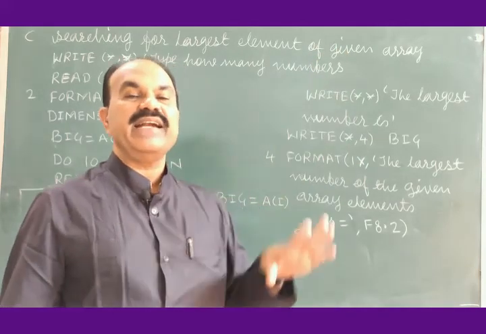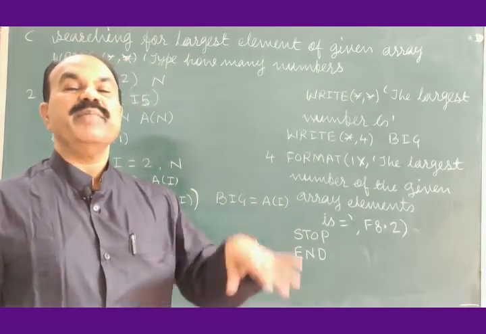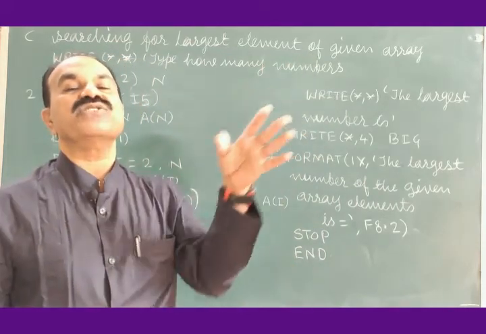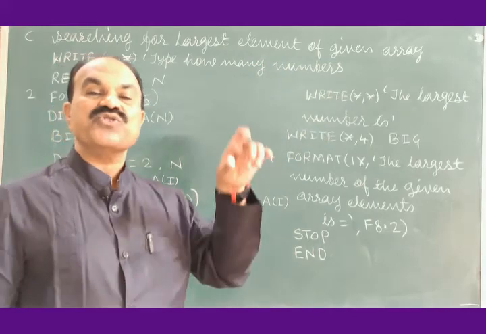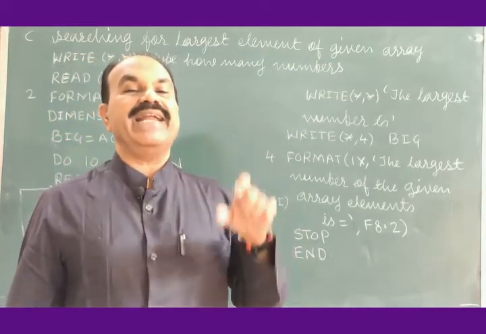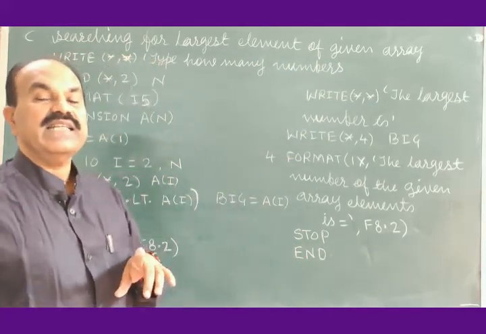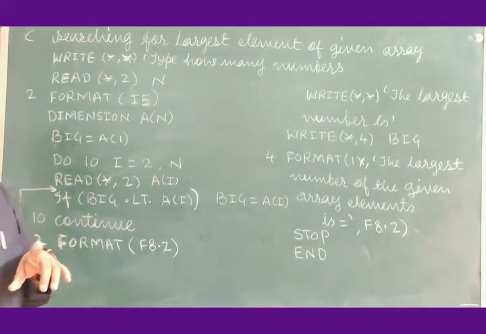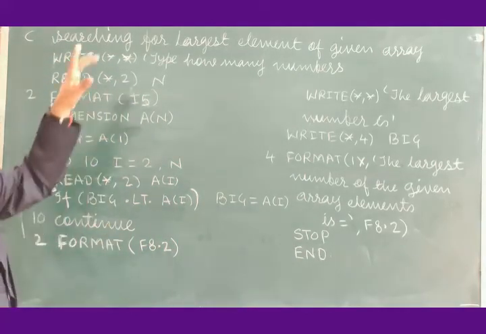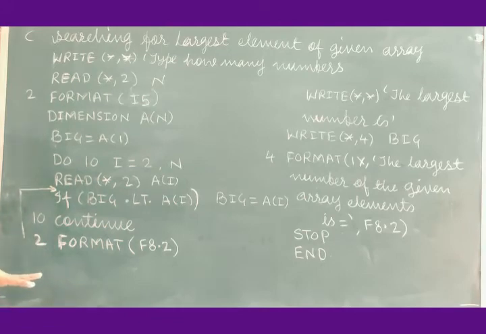There may be 100, there may be 1000, 2000, 10,000 elements. We are going to search the biggest one very correctly, and the logic to be used for this purpose is given in this program.